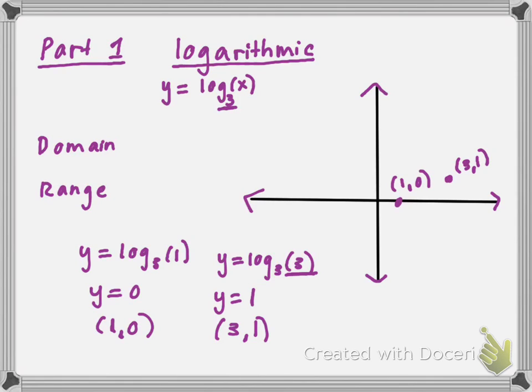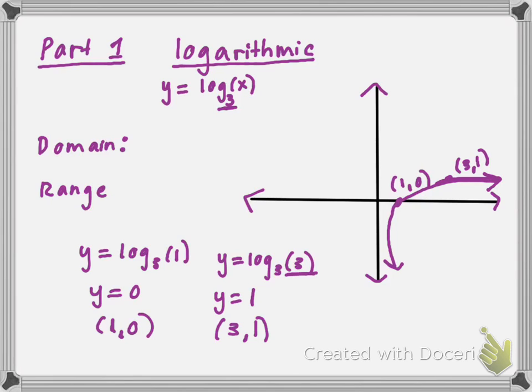Now, whenever x is less than 1, y is going to be negative, and then it's going to go up, and this does keep going up a little bit, not as steep as exponential functions though. In terms of talking about domain and range, there are a couple of things to consider.